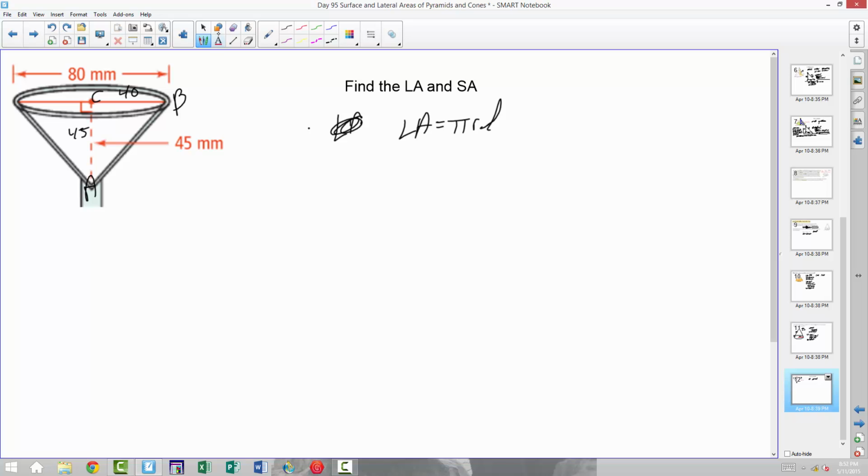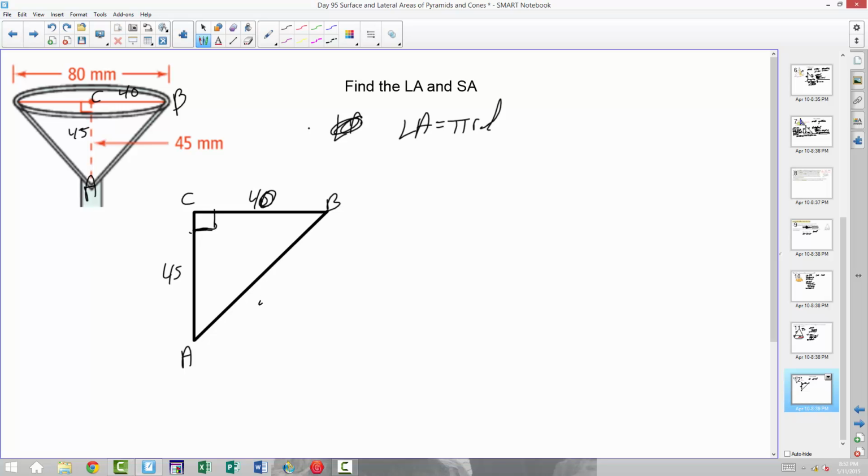So what I have here is a right triangle. I'll redraw it right here. So here's C, here's B, here's A, 45, and this is 40. The reason why C to B is 40 is because the diameter is 80, the radius is half of it, so half of 80 is 40.